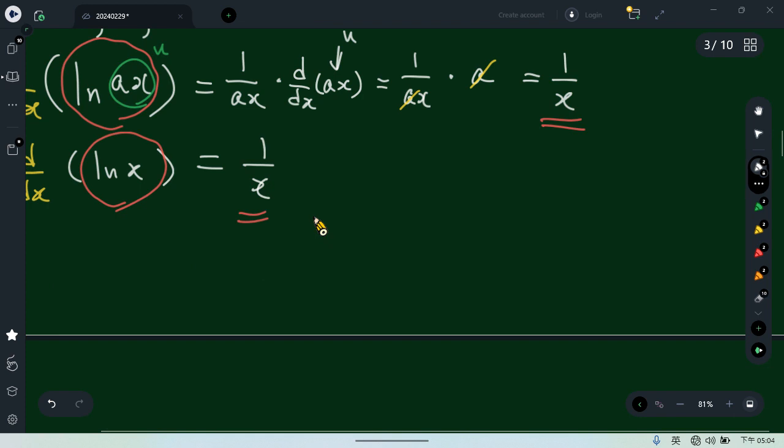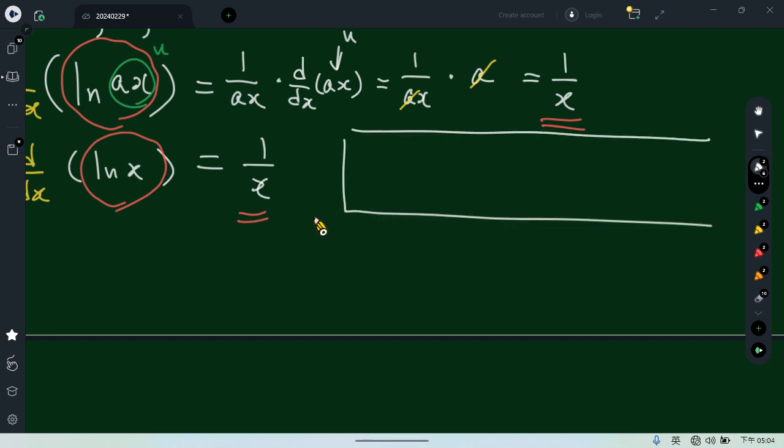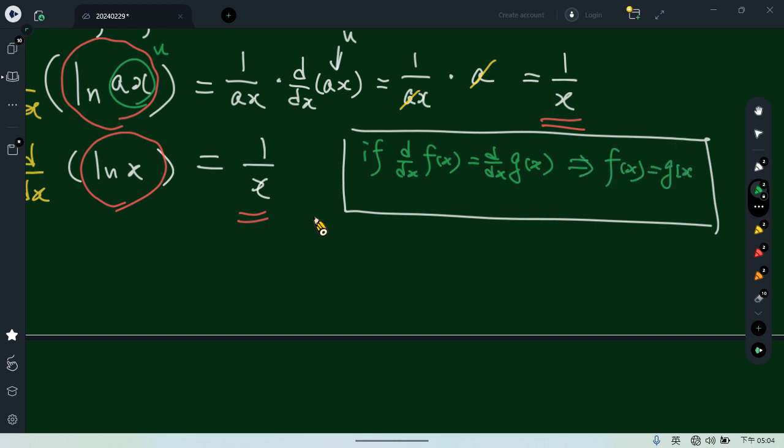If you forgot, you can go back to the previous chapter: if f of x and g of x have the same derivative, even though I don't know what f of x is, what g of x is, then the difference in between is a constant, right?